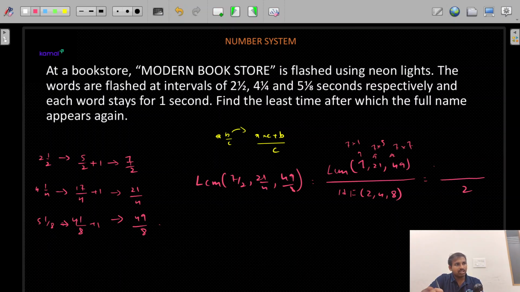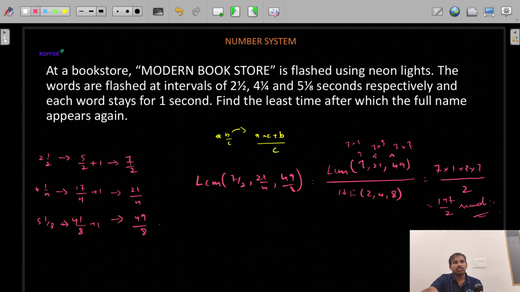So the common value is 7. Here the uncommon value is 1. Here the uncommon value is 3. Here we have one more 7, which is uncommon. So it will become 49 into 3, which is 147 by 2. And for every 147 by 2 seconds, we can see the entire thing together.